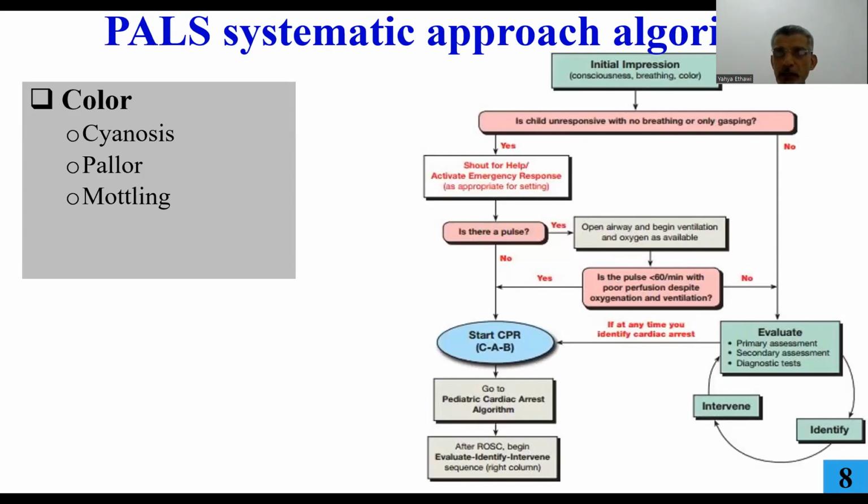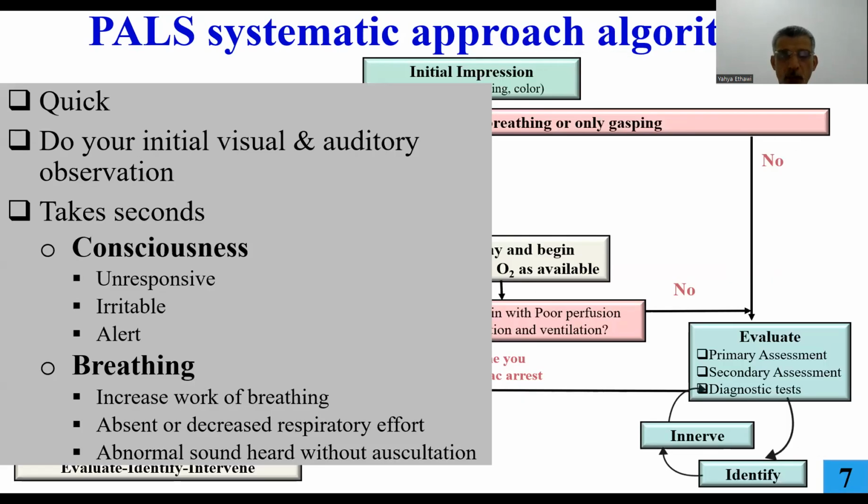Remember, our initial impression was consciousness, breathing, and color. After you assess, your identification for consciousness is unresponsive, irritable, or alert. For breathing, the baby has increased work of breathing, is not breathing, or has decreased breathing, and there is abnormal sound, noise, gurgling, or crackles, whatever you hear.